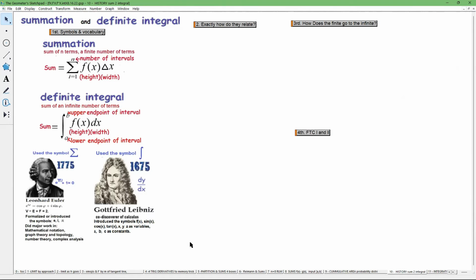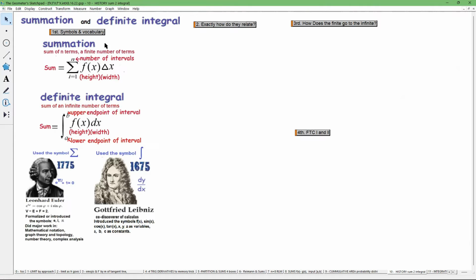The people responsible to a great degree for what we're teaching today are Leibniz and Newton for their discovery of calculus.